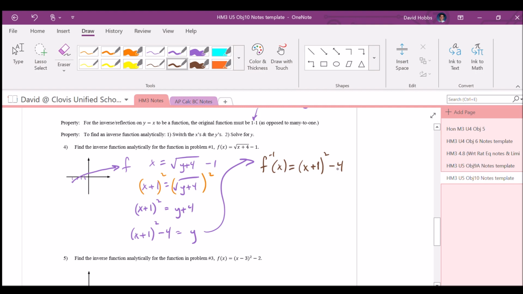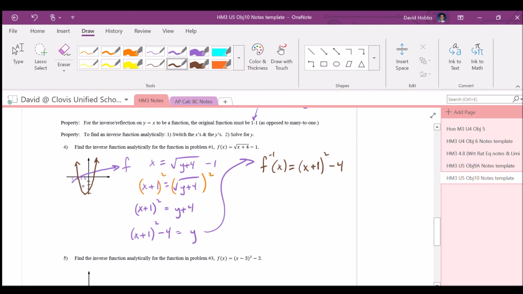Now, isn't that a parabola? Yes. Vertex at -1, -4. Okay, and so we know it's doing something like this. And so now we're just going, that's not the mirror image across the line y equals x.